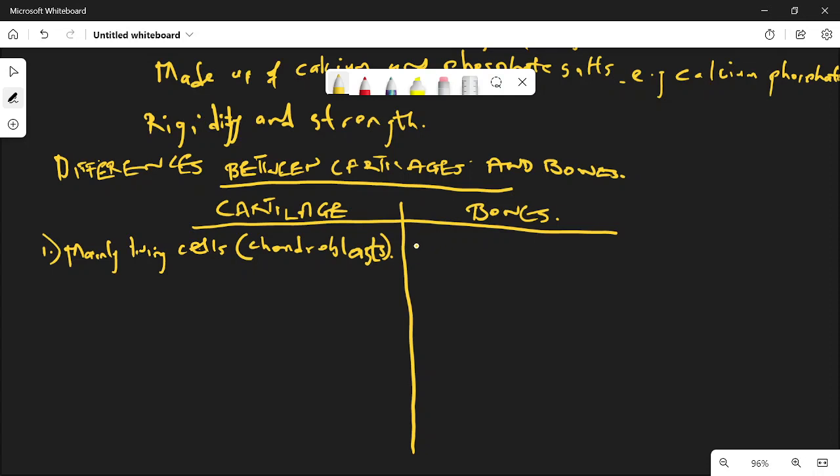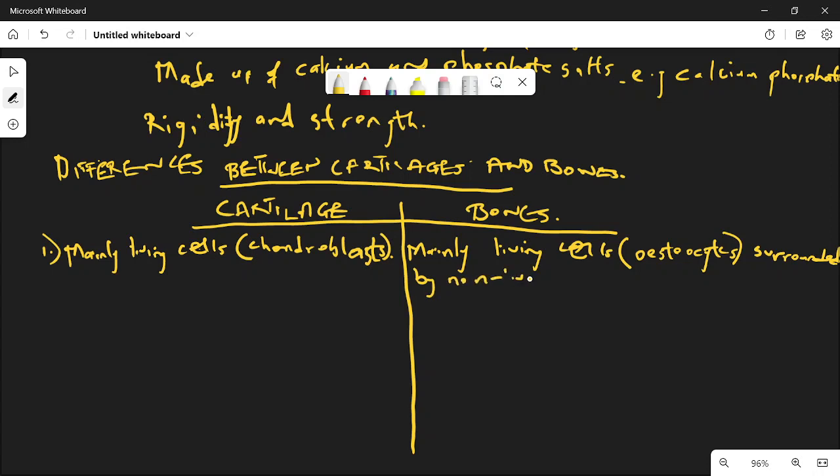But the bones also have living cells, and they are called osteocytes, which are surrounded by non-living cells called collagen.